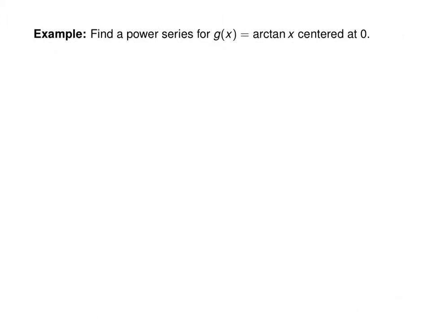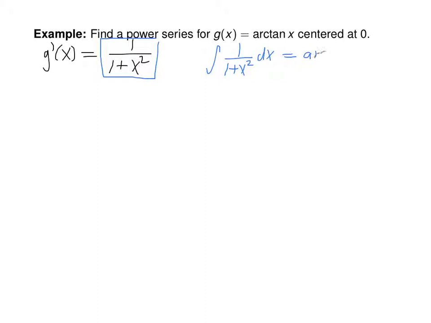And then let's do one more example with integration. Let's talk about arctan of x. So first notice that g prime of x is equal to 1 over 1 plus x squared. So if I can find a power series for 1 over 1 plus x squared, if I integrate 1 over 1 plus x squared, I get back arctan.